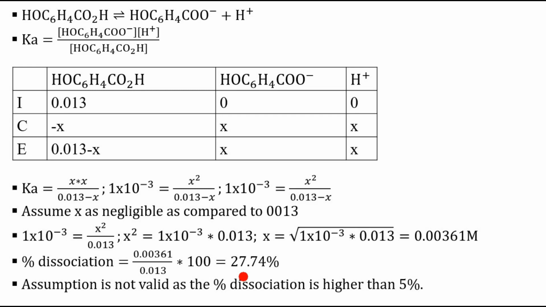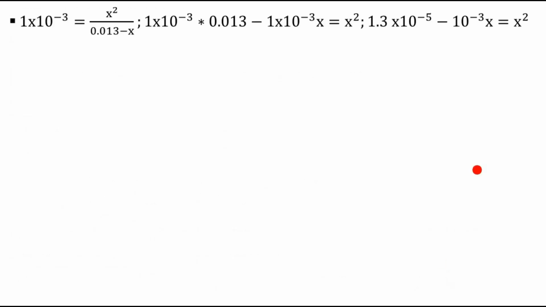Now we are going to move to the quadratic equation, and solve it so that we get the hydrogen dissociated from the first dissociation of salicylic acid, or the dissociated hydrogen from the carboxylic acid group. So here we don't ignore x, and we see how the quadratic equation is obtained.